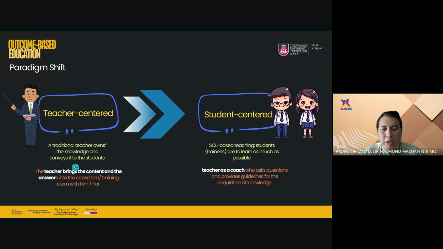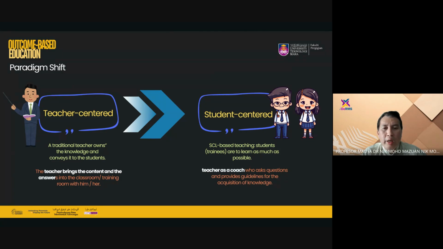The teacher brings the content and the answers into the classroom, whereas in student-centered learning, the student tries to learn by themselves and is also coached by the teachers or lecturers. We need to ask questions and provide any guidelines that they need to be based on, but let them talk more rather than us talk more.